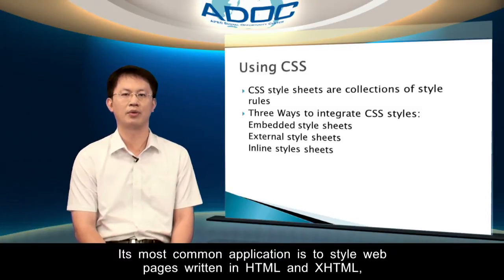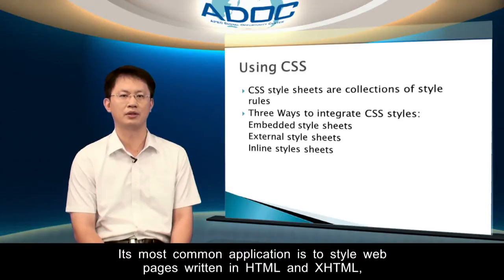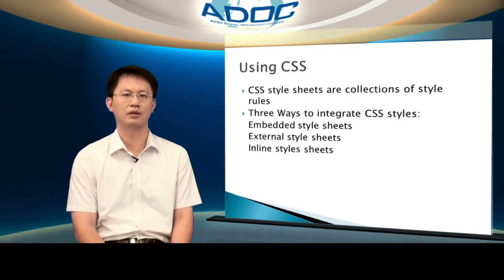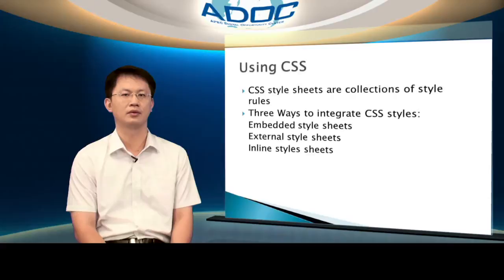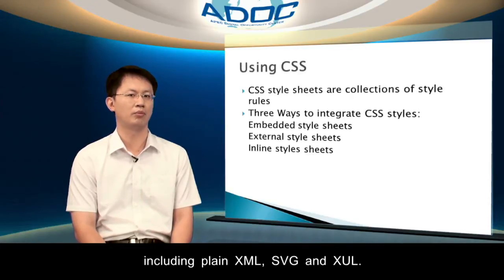Its most common application is to style web pages written in HTML and XHTML. But the language can also be applied to any kind of XML document, including plain XML, SVG, and XUL.